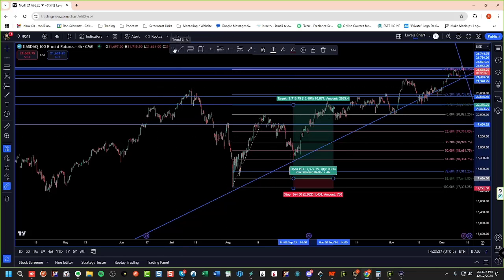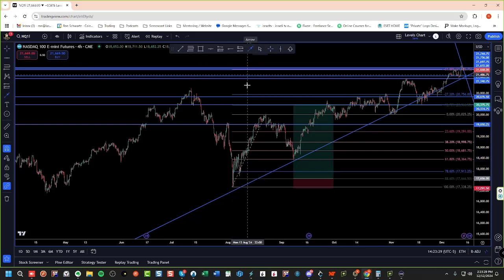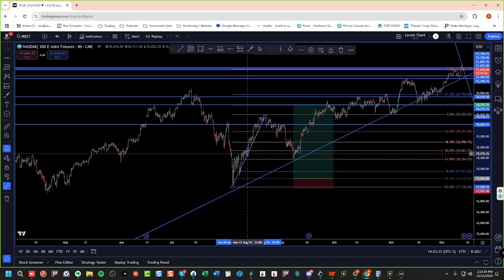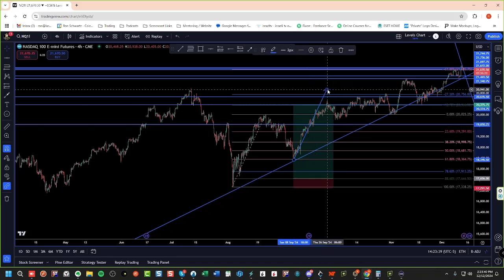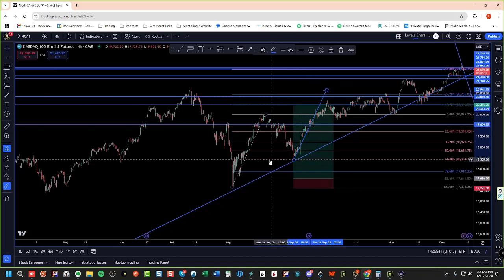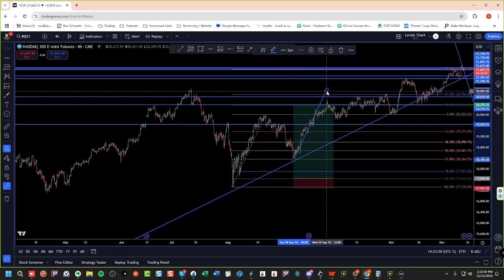Here, I'll give you an example. So for every move, when there's a retracement, you can expect it to at least go the initial move.